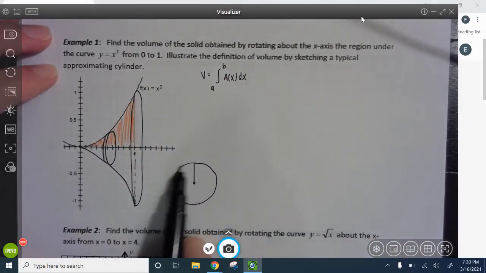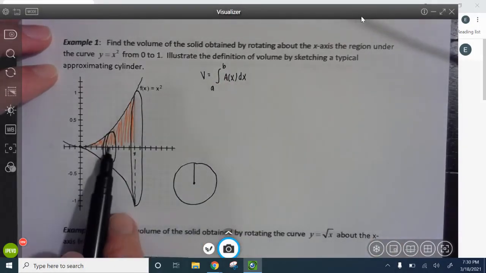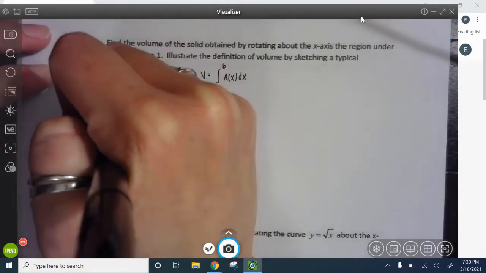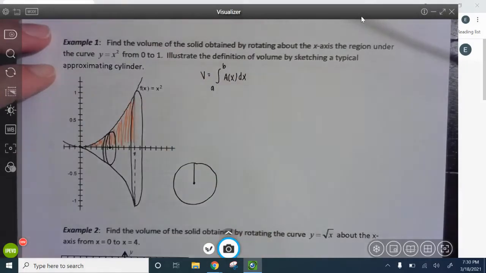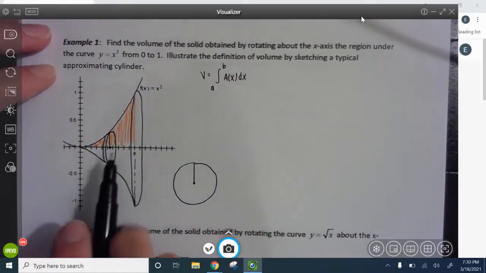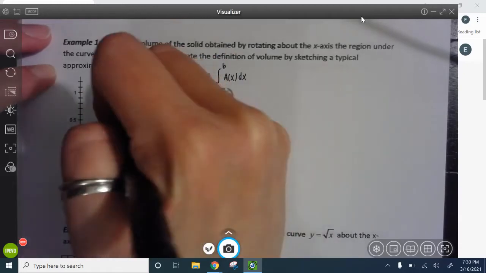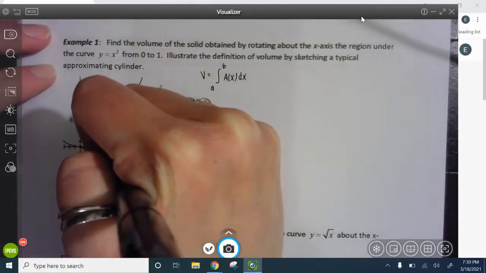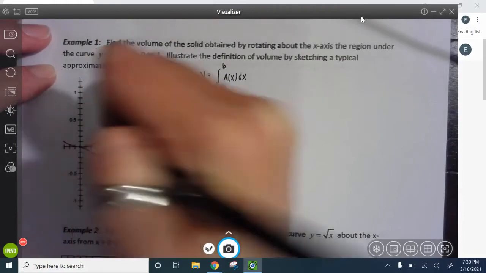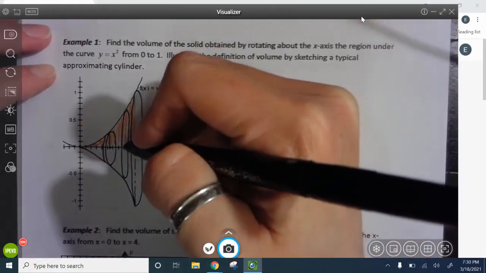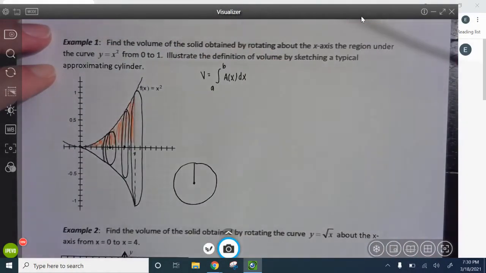If the top is our x squared part and the center were to be on our x-axis, no matter where I were to draw a cross-section, the radius would just be the distance from the x-axis up to that curve. If I were to move it over a little bit and make my circle a little bit larger, my radius is still going to be the distance from the x-axis up to the top of the curve.